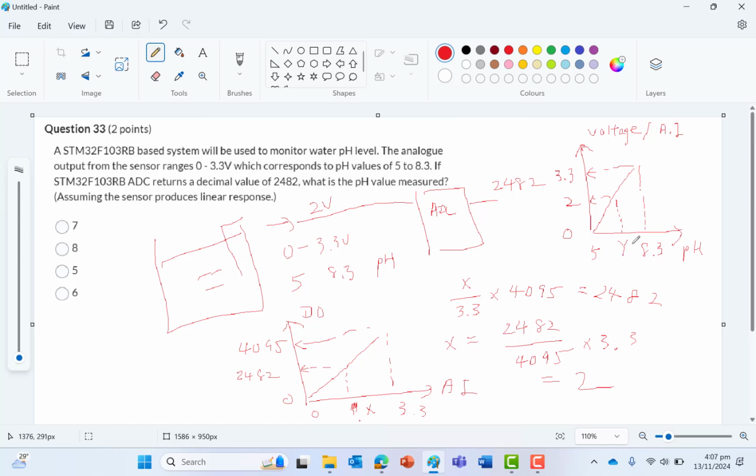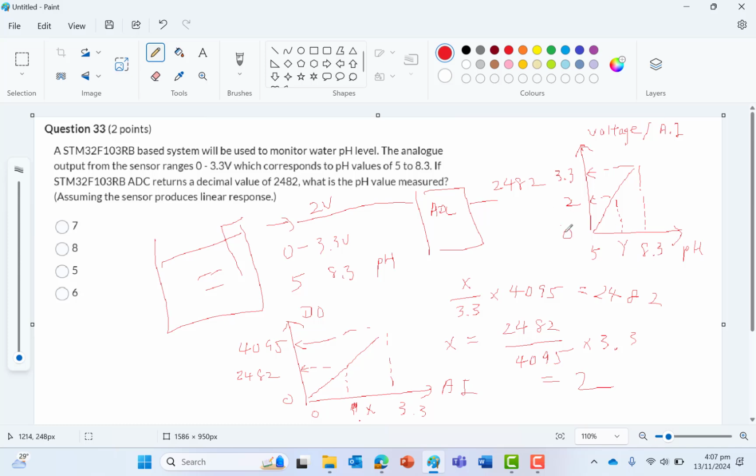You can just put the typical formula for directly proportional, but take note that it's starting from 5. What I want to highlight to you is 5 to 8.3. This range is 3.3, here to here is 3.3.